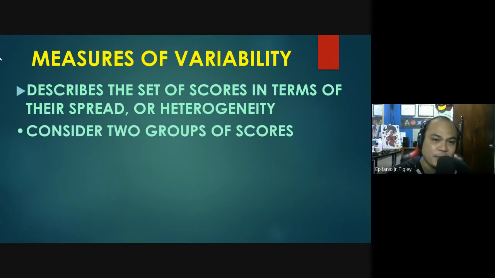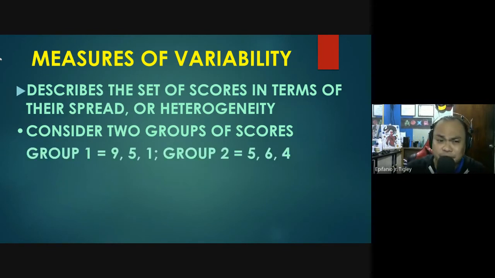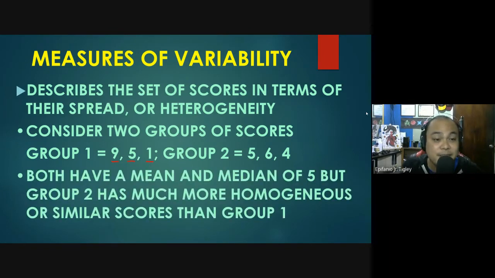Okay, let's have an example. Consider these two groups of scores. We have group 1: 9, 5, and 1. For group number 2, we have 5, 6, and 4. This is my first question. This is my analysis, by the way.